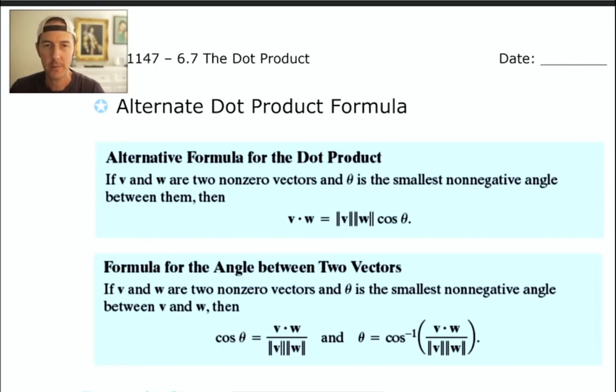And it's equivalent to taking the product of the magnitudes of v and w and then multiplying by the cosine of the angle between those two vectors. So all of a sudden, we could use magnitudes in order to figure out the angle measure between two vectors.